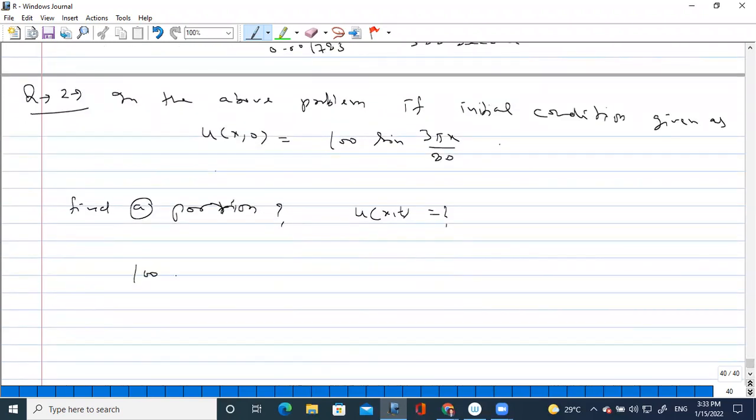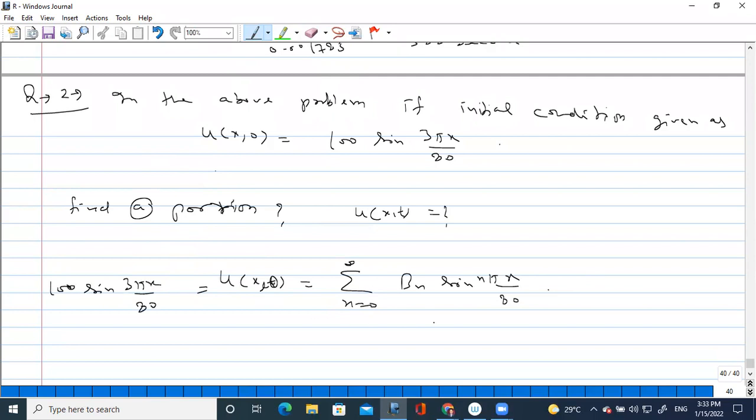Simple: u(x,0), u(x,t) equal to summation n equal to 0 to infinity b_n sine n pi x by 80 into e to the power 0. It will become that when I am taking t equal to 0. Understood? And this value we will keep equal to 100 sine 3 pi x by 80.